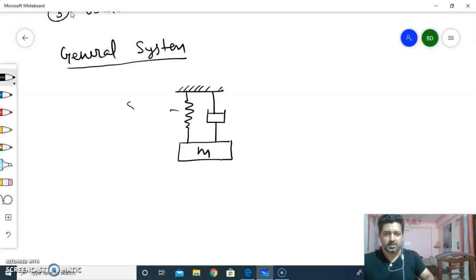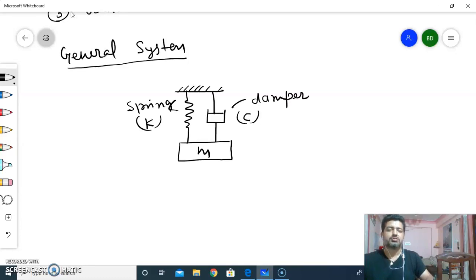So spring has spring constant K. We have damper, which has damper coefficient C. So this is the general mass system and this is the force acting downward direction, right? This is the general mass system.